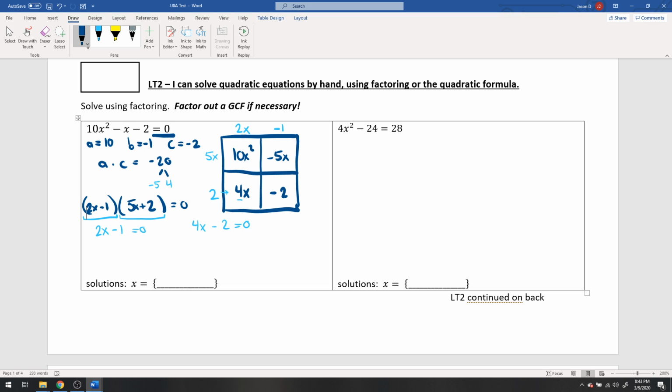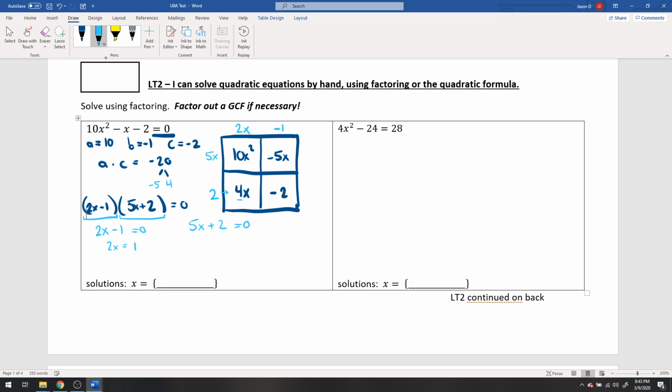Came from the left side. It was supposed to be 5x plus 2. And now we're in good shape to solve the little equations. I got carried away by explaining the zero product property.